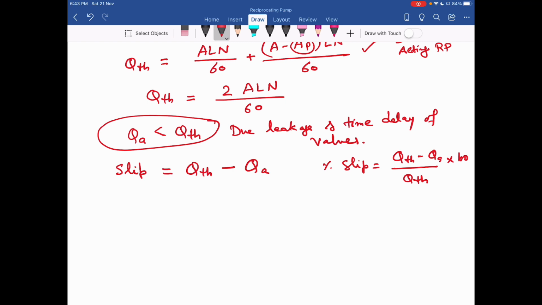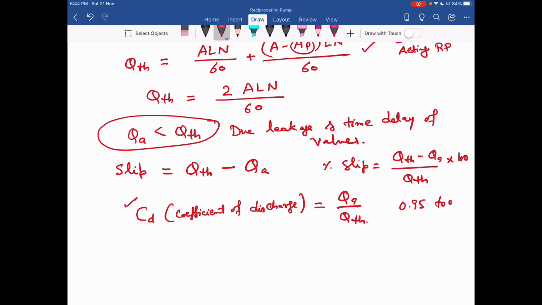Okay. Then my coefficient of discharge, that is Q actual divided by Q theoretical. This value of CD for a reciprocating pump lies between 0.95 to 0.98.